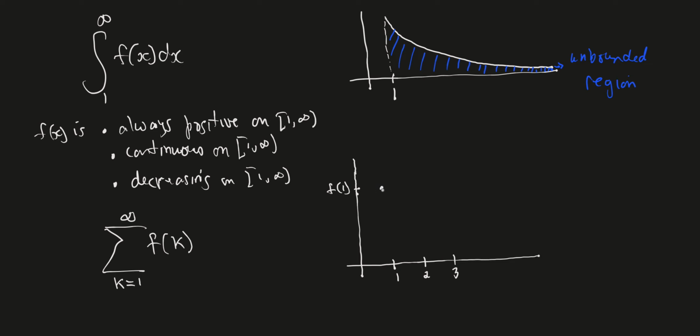It's just a dot above there, right? And then I do the same thing, skipping all the real numbers between 1 and 2, and I evaluate my function at 2. Because it's decreasing, it's going to be a little bit lower, and that will be f of 2.